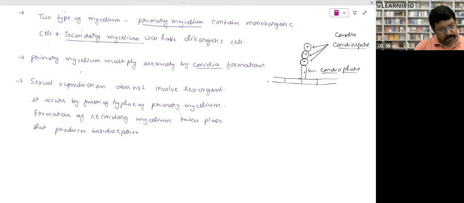Basidiospore. Right. We have discussed the life cycle above. I will again discuss the same thing with a different diagram.